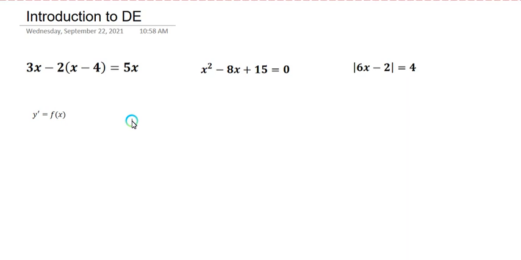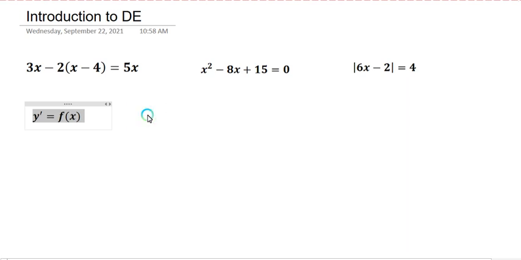The simplest differential equations are those of the form y prime is equal to f of x. This is the simplest differential equation. Take note, y prime is your differential equation, and we can rewrite it as dy over dx is equal to a function of x.